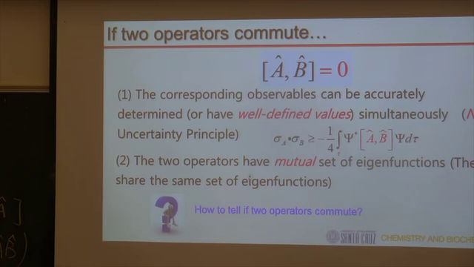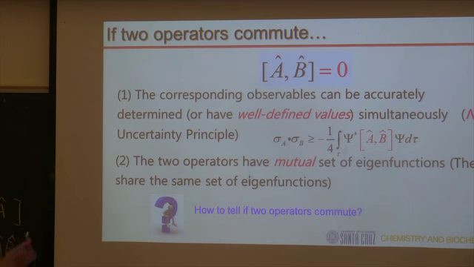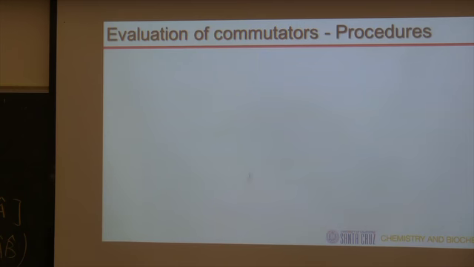How can we tell if they commute? Simply check whether the commutator of the two operators equals 0. But then how do we tell the commutator equals 0? That leads to the evaluation of the commutator.